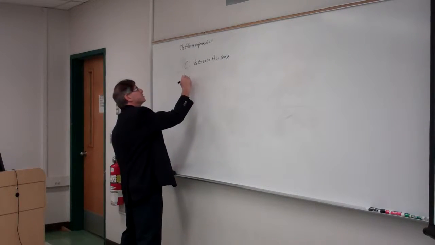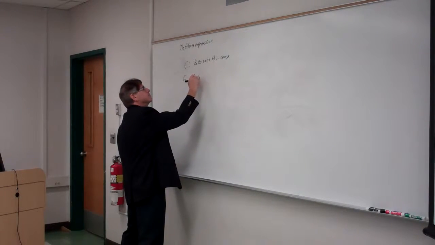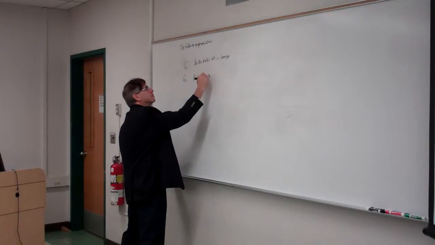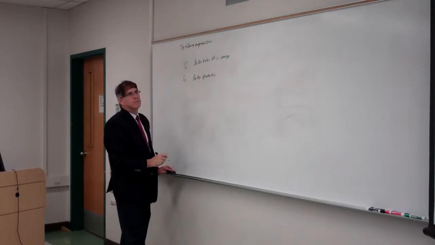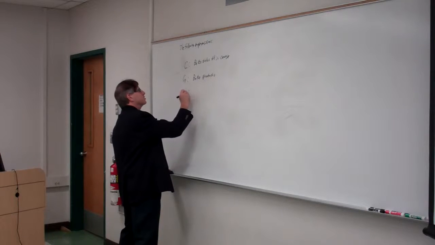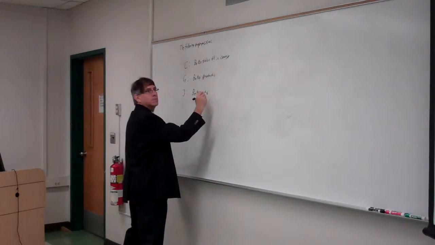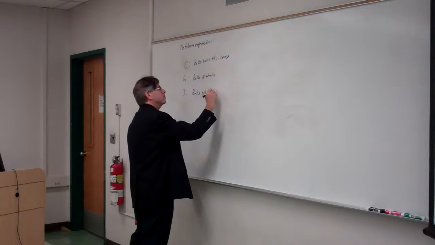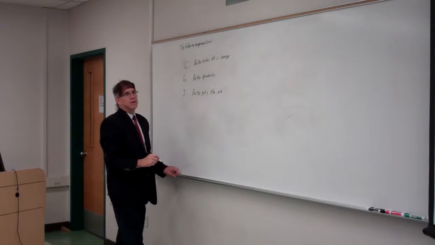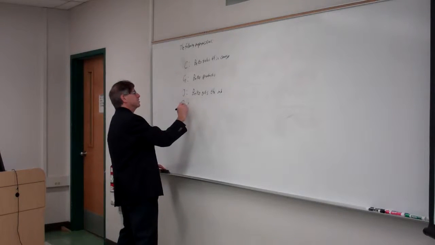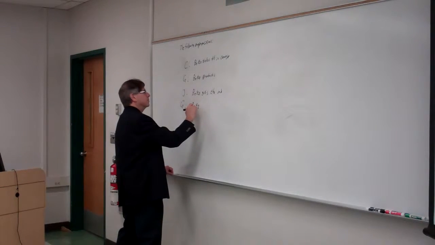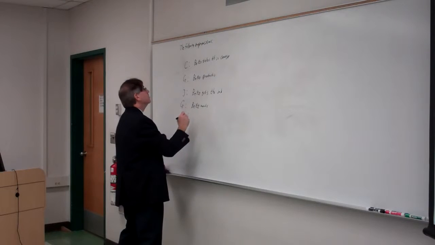G will be the proposition Betty graduates. J is the proposition that Betty gets the job. And G is the proposition that Betty works out. You can't use G twice.